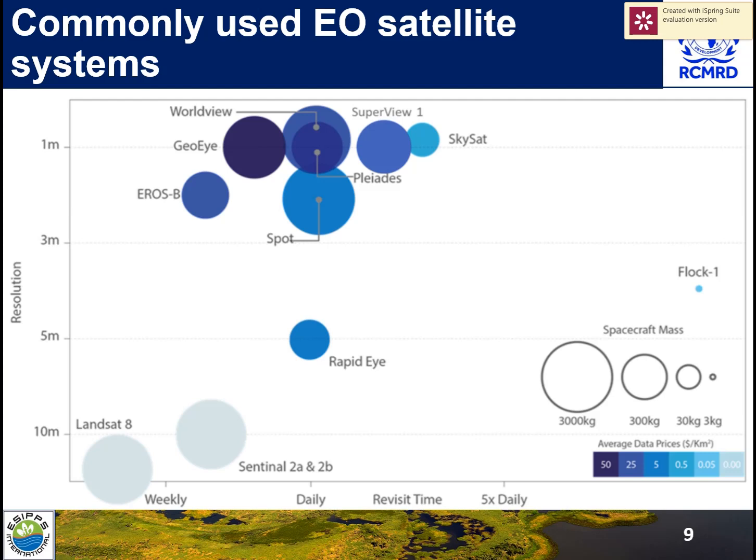So Landsat 8 has a low revisit time, which is about weekly, but has a poor spatial resolution of about 10 meters.